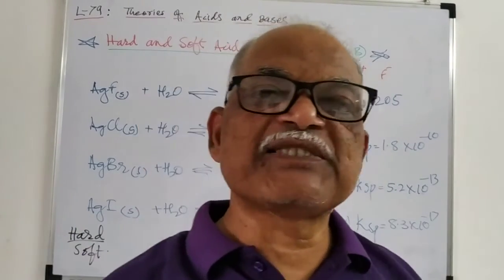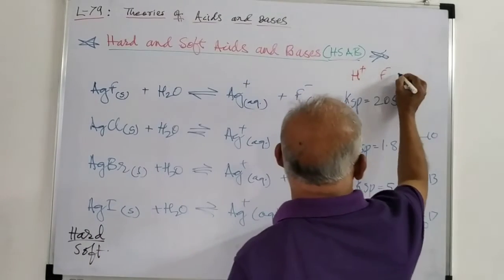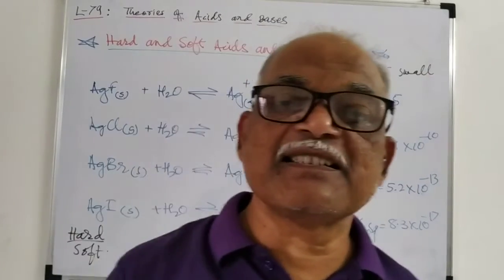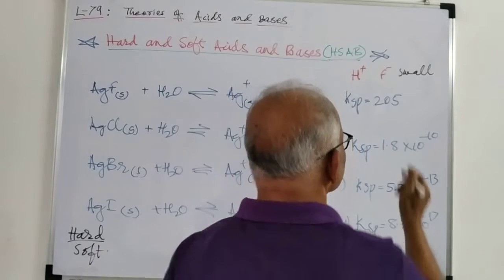These hard species are smaller in size, and they are non-polarizable.